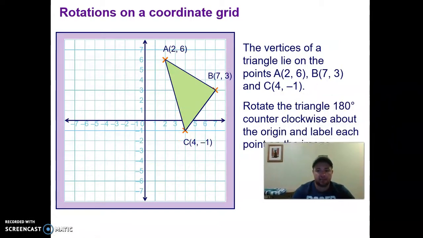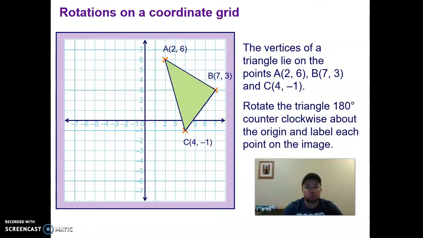I'm going to move myself again so we can read the directions. We're going to rotate the triangle 180 degrees counterclockwise, so that's our left, about the origin. And then we're going to label our points.